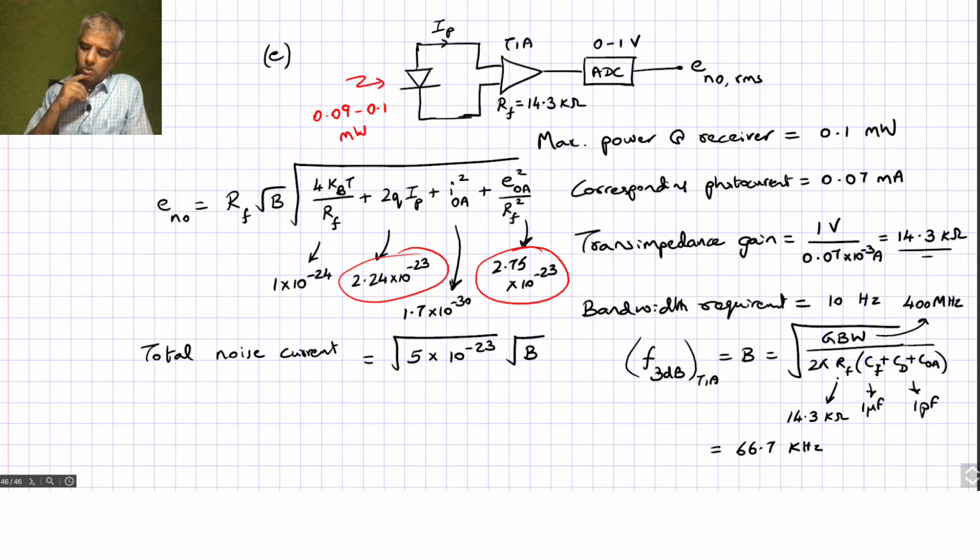Of course, you can increase RF so that you can constrict B, but you do not have an opportunity to do that because you already filled your ADC with this value, so you cannot go any more beyond that. The only choice is to increase CF, but when you are building it as a circuit on a PCB, that may be limited. That is where this limitation we have considered as 1 microfarad is concerned.